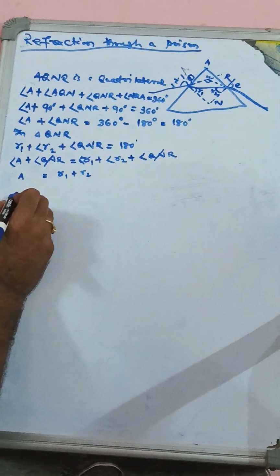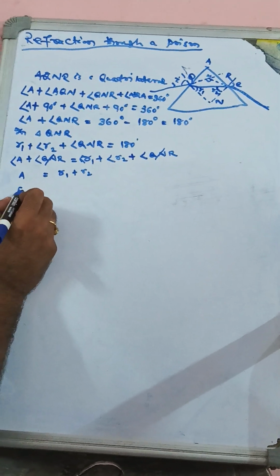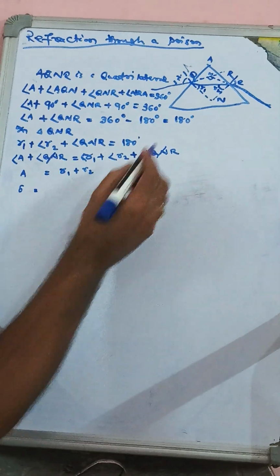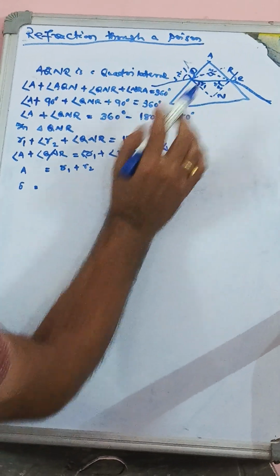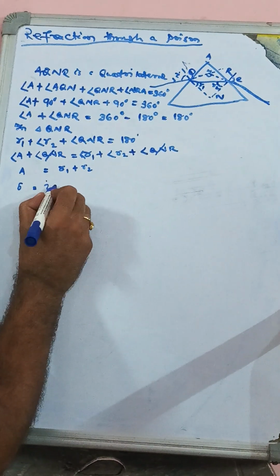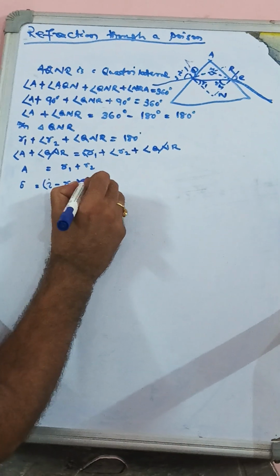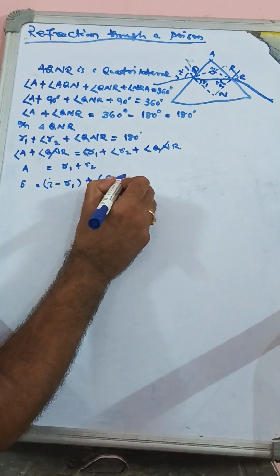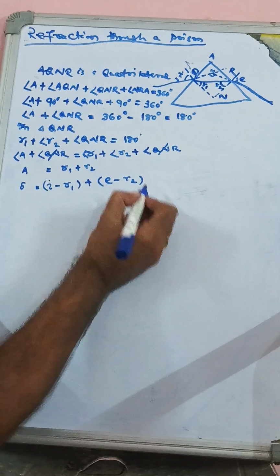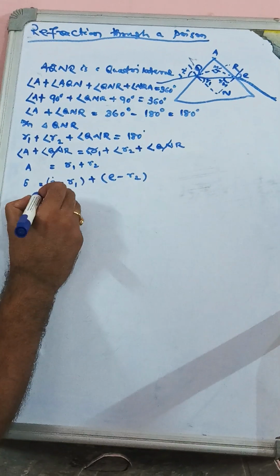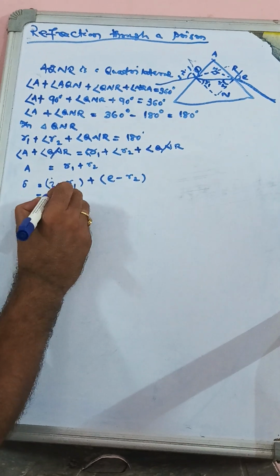Then del M is equal to I minus R1 plus E minus R2. Very important question.